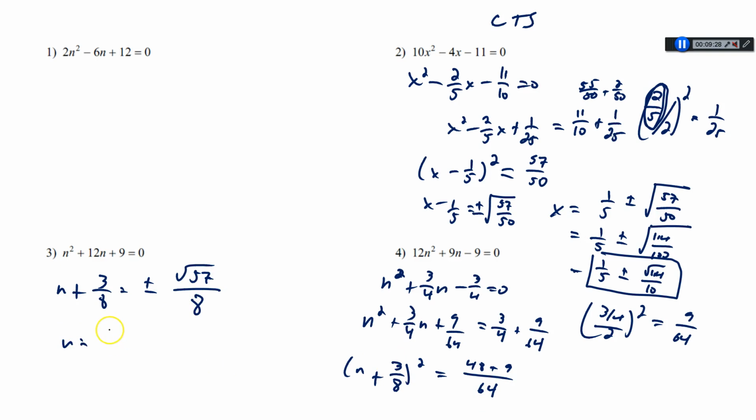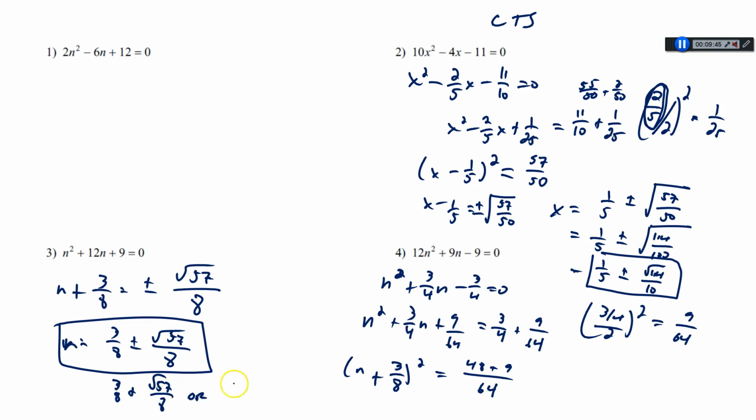So we have n is equal to 3/8 plus or minus root 57 over 8. You can stop there, or you can split it up, right? 3/8 plus root 57 over 8, or 3/8 minus root 57 over 8.